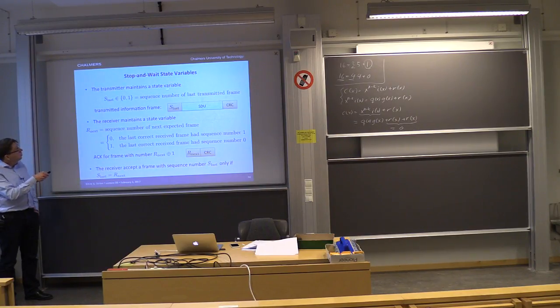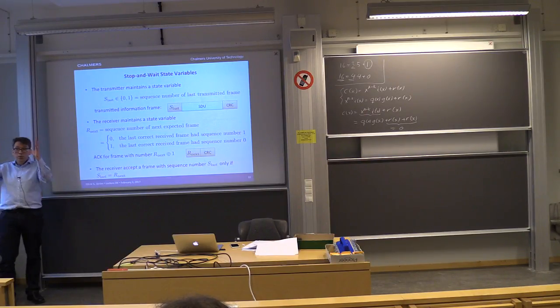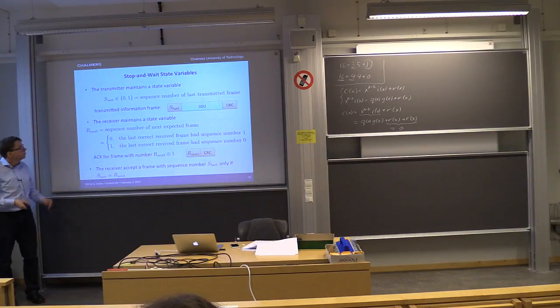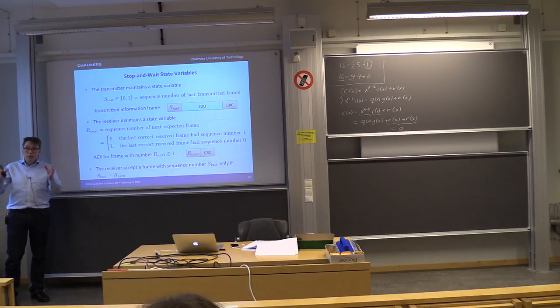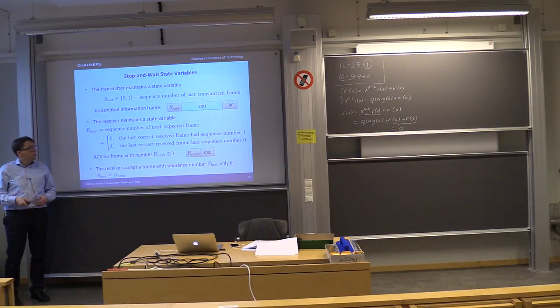The transmitter has a state variable, S last, which is either 0 or 1, and its interpretation is the sequence number of the last transmitted frame. The first frame I send is frame number 0, so it has sequence number 0. I send it, and if I get an acknowledgement of this, then I can send the next one.